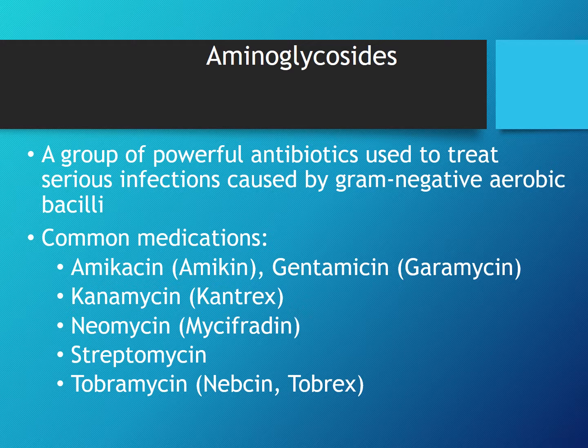The issue with aminoglycosides is that there is a potential for serious adverse effects, such as nephrotoxicity and ototoxicity. Typically, they are not given orally because they are poorly absorbed. When we give aminoglycosides in a low dose, they are considered to be bacteriostatic.